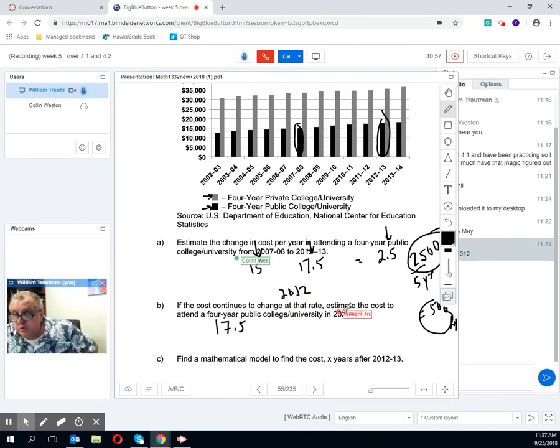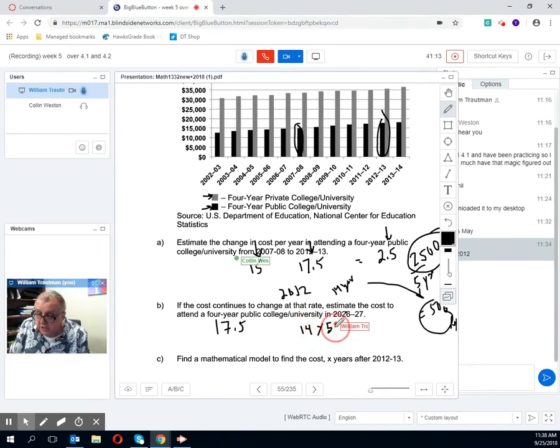So from 12 to 26 is 14 years. Do you see? From 12 to 26 is 14 years. And we know the cost increases 500 every year. 14 years times $500 is $7,000 more.